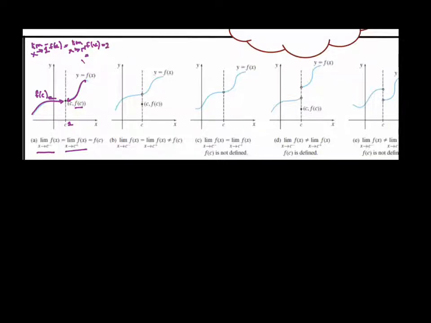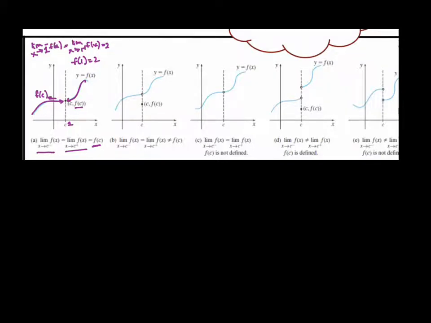And then we also see that f of 1, where I was taking the limit, is 2. So that's why the limit on the left equals the limit on the right, and they're equal to what the point is at that point.